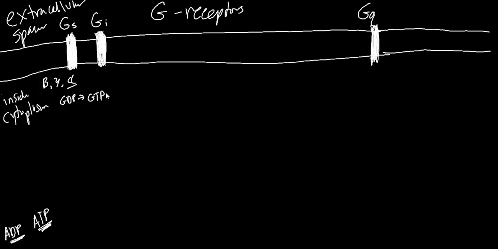We're going to add a phosphate. And what that phosphate is going to do is it's going to give it energy. Now, for the GS, the alpha unit will come over here. It will stimulate this thing. However, on the other side, we have GI. GI, S for stimulate, I for inhibit.